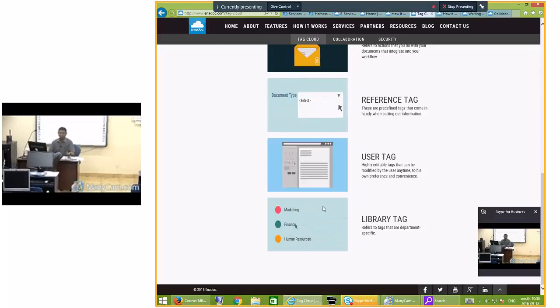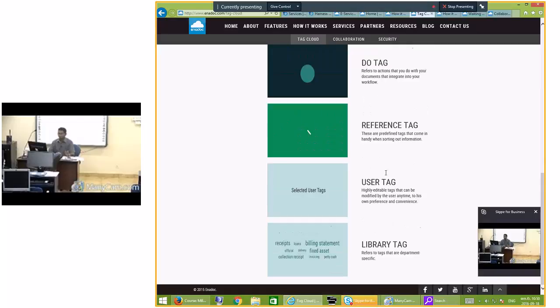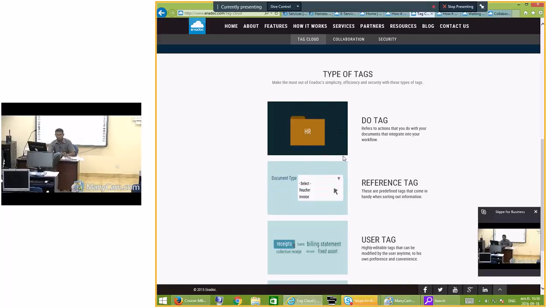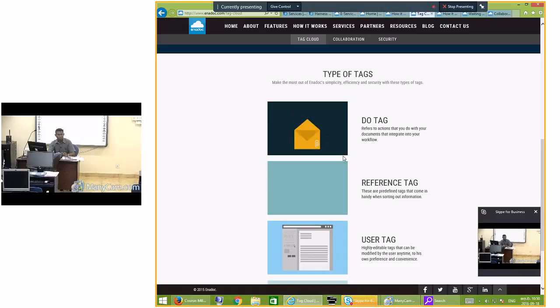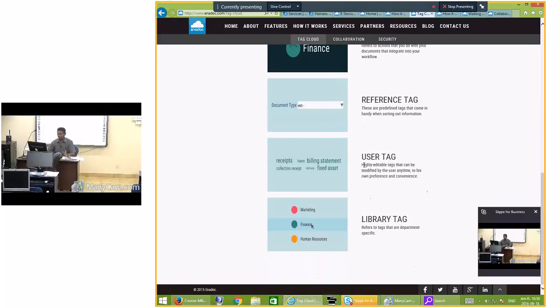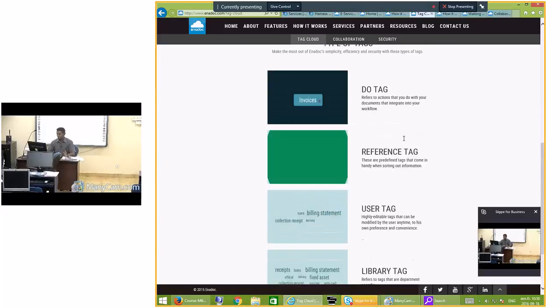What you have to do is enter the document type, that is invoice, the user, your name, and if you know the date or whatever, you can just enter it and search, right? So this is the way of tagging.